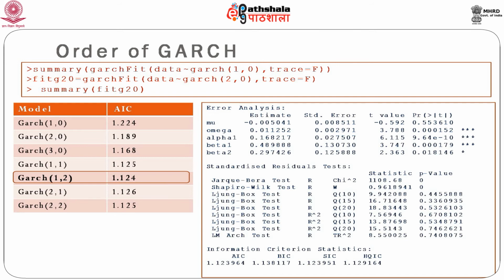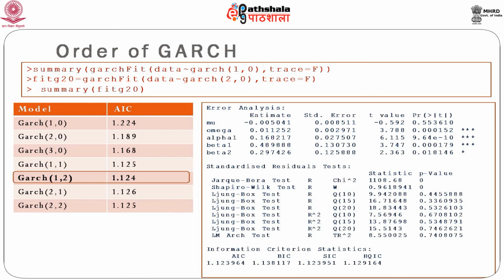Here I used GARCH 1,0, and you can get the different AICs for the choices 1,0, 2,0, 3,0, 1,1, 1,2, 2,1, 2,2. Out of all the AICs observed, the least AIC was 1.124. So that means GARCH 1,2 should be the appropriate choice for the model.